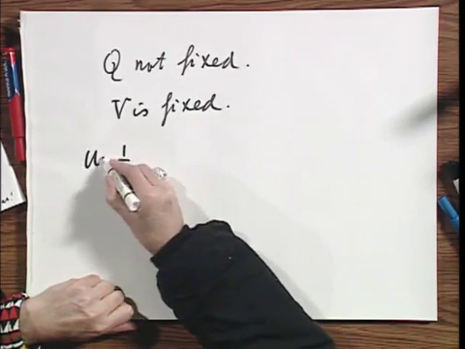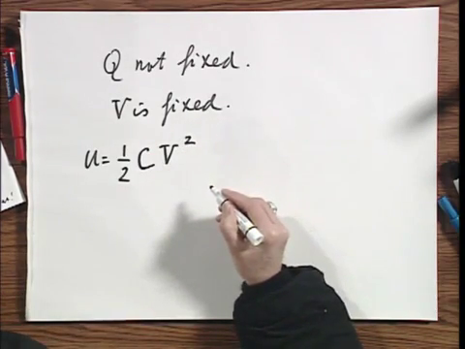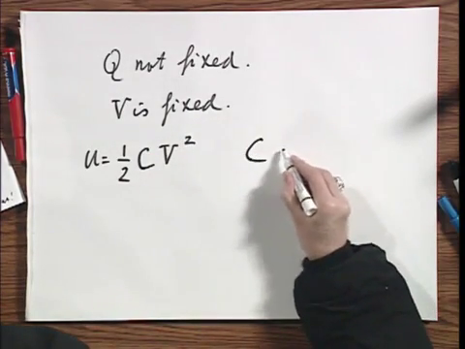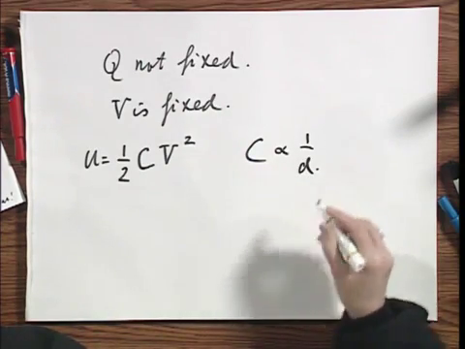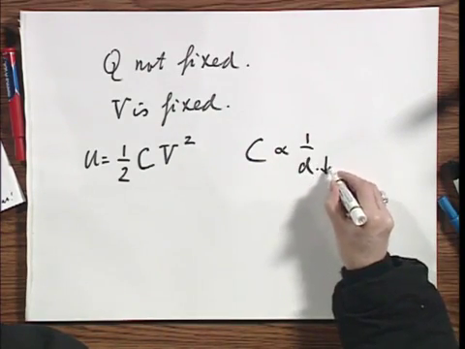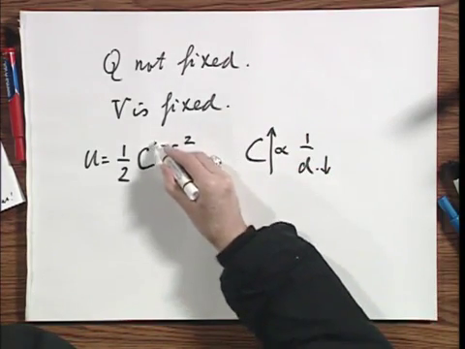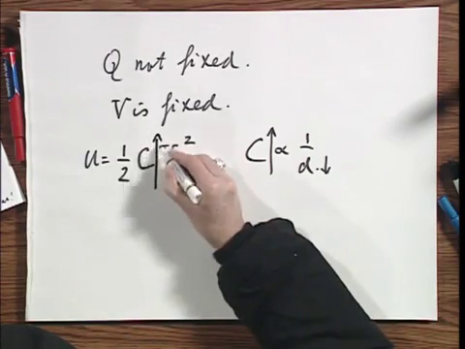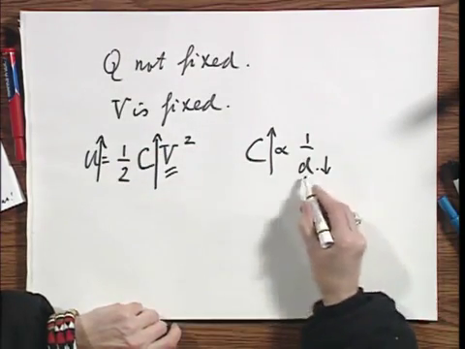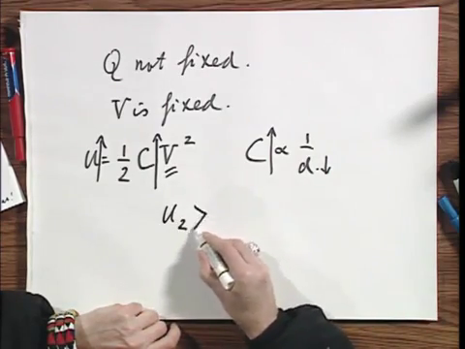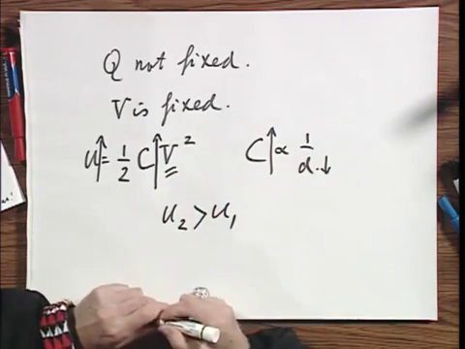Since U equals 1/2 CV squared, and since C is proportional to 1/d, it is immediately obvious that if d goes down, and C goes up therefore, and V remains constant, then since C goes up, U goes up. So now, with a smaller distance, U2 is now larger than U1. So the situation is exactly reversed.